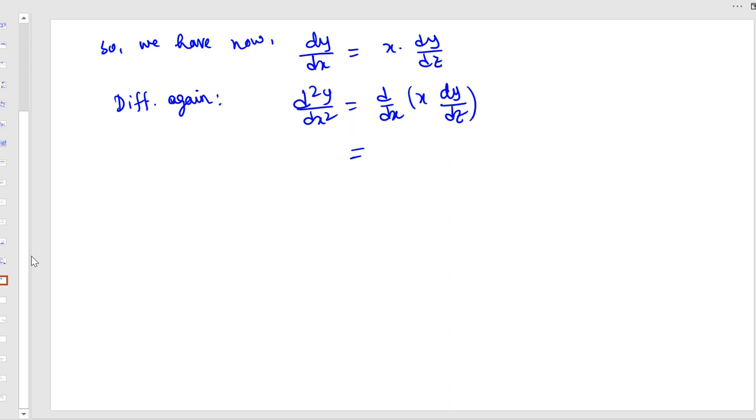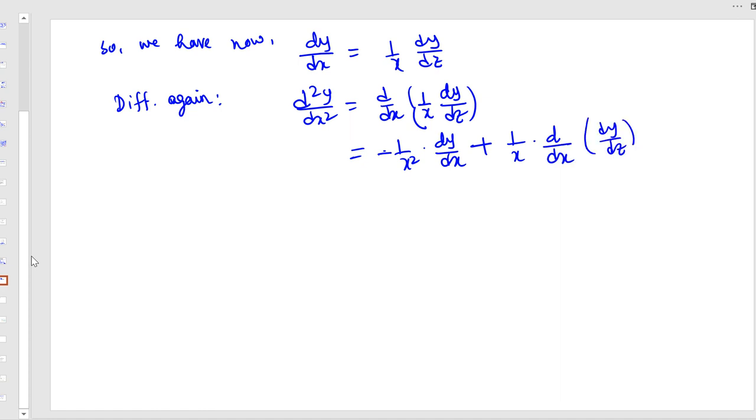So this is going to be, no, sorry, this is 1 by x was there. So this is minus 1 by x square into dy dx plus you will have 1 upon x d dx of dy dz.